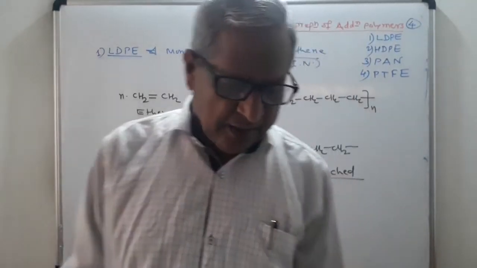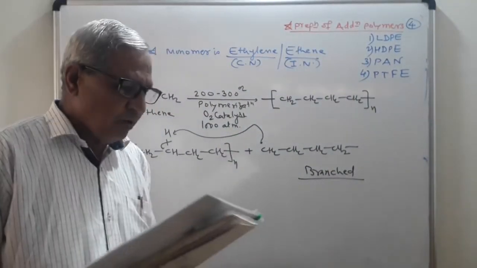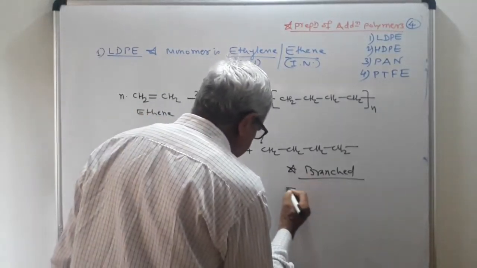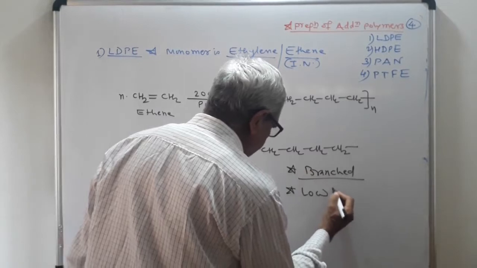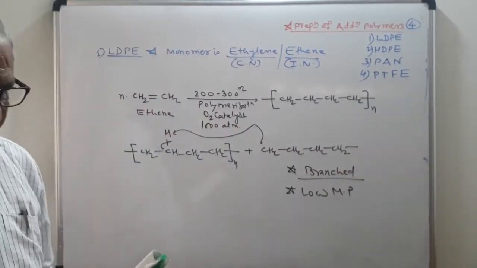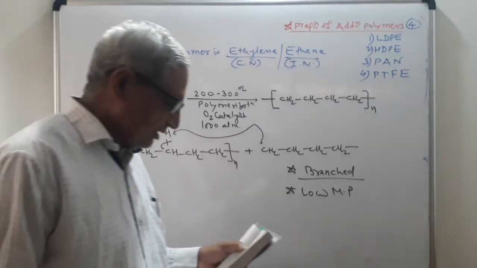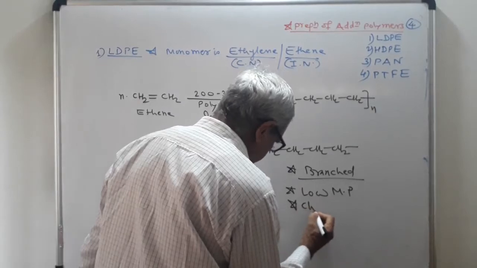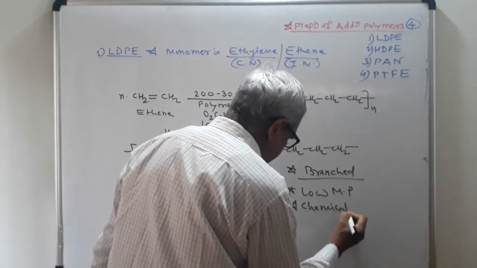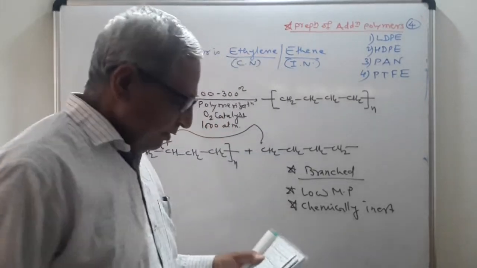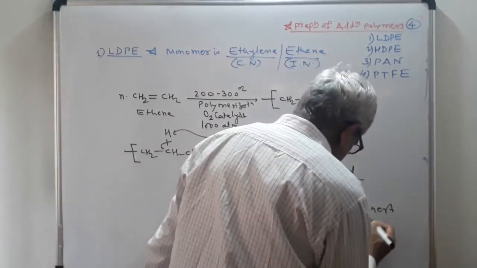Now see here, it is a branched polymer. It has low melting point. You know that as the branching increases, melting point and boiling point decrease. These are chemically inert, which means not reactive, and also these are very tough.